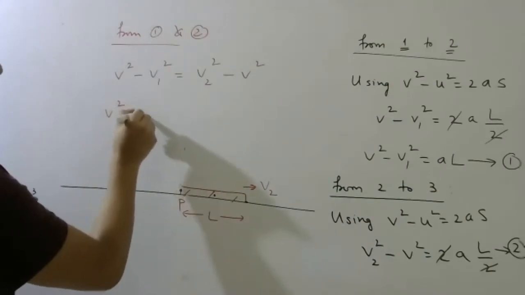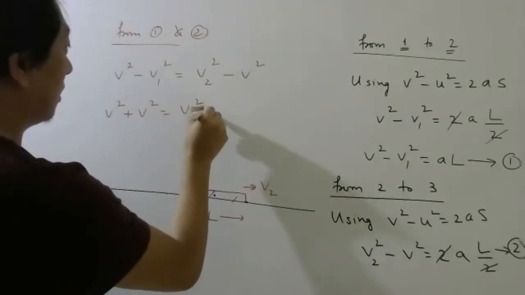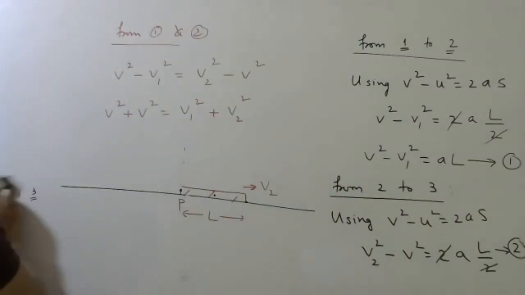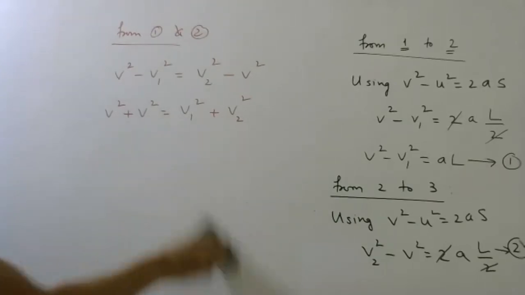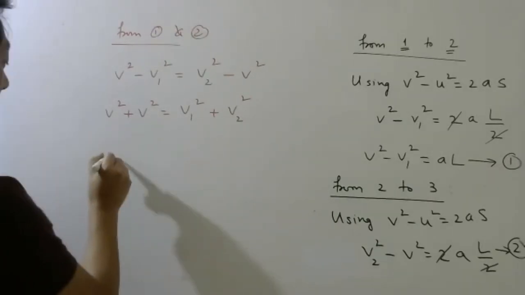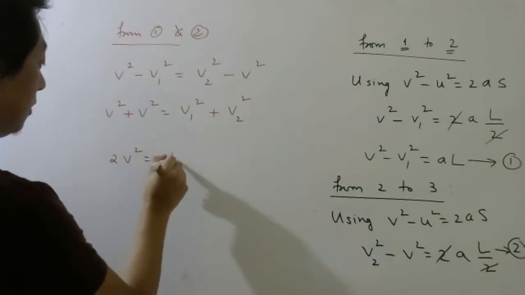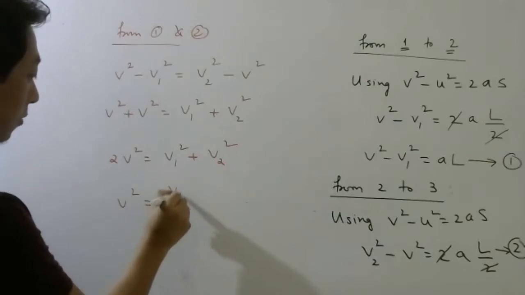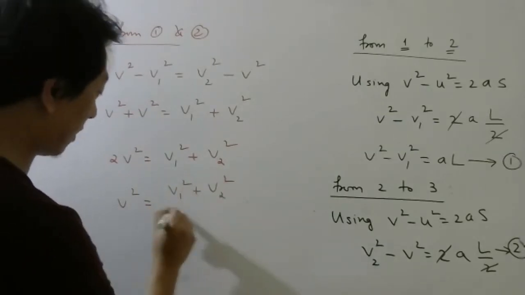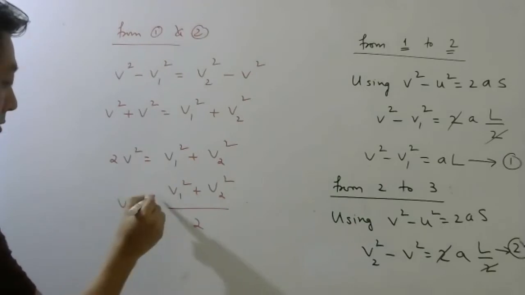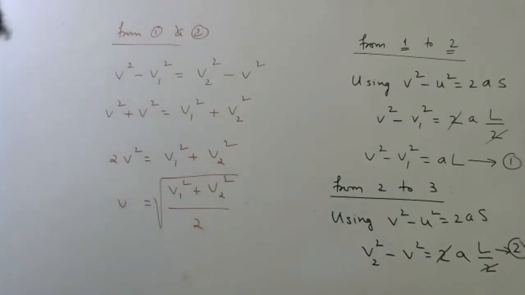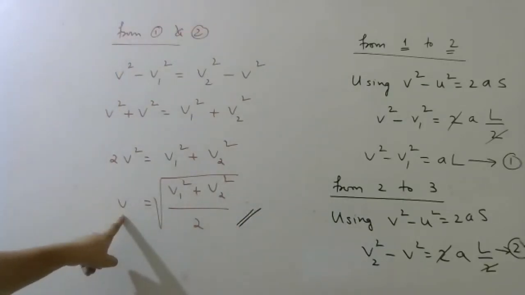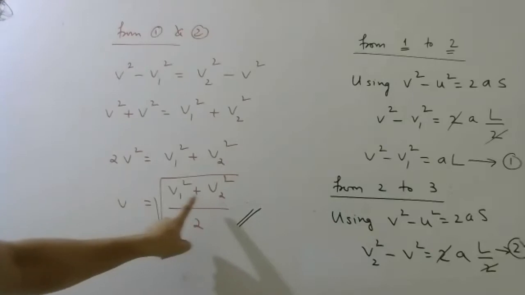V square plus V square will be V1 square plus V2 square. So 2V square will be V1 square plus V2 square. So V square will be V1 square plus V2 square divided by 2. Then V they want, so square root. So this is where you can stop, because now I am giving the unknown quantity in terms of given quantities. These two were given.